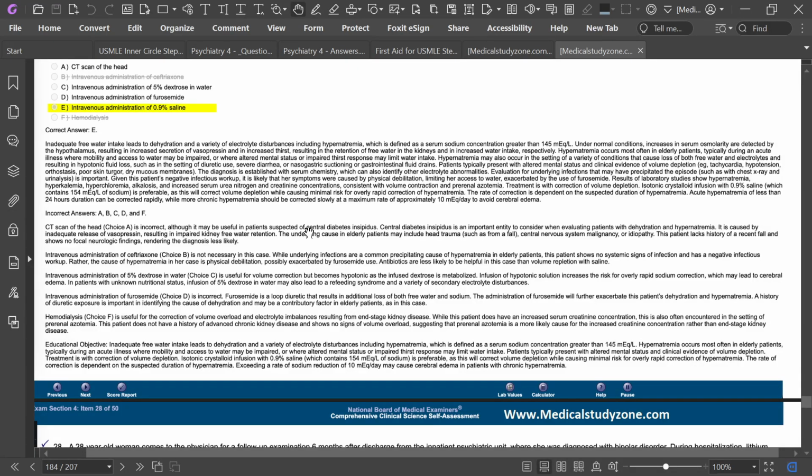Infusion of hypotonic saline increases the risk for overly rapid sodium correction, which may lead to cerebral edema.